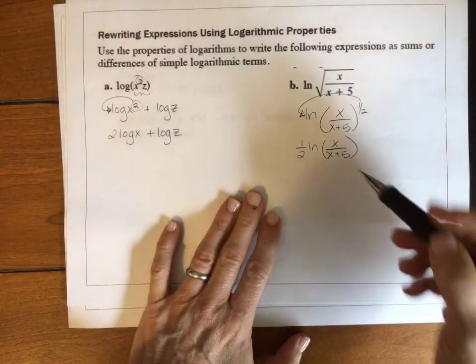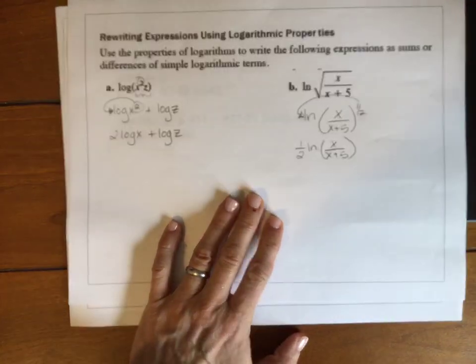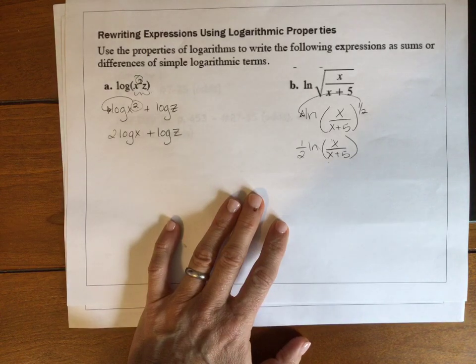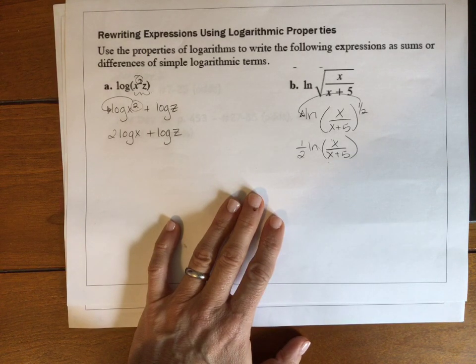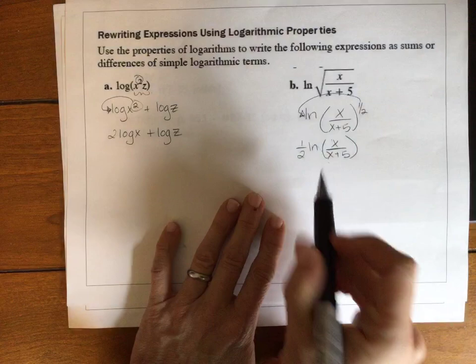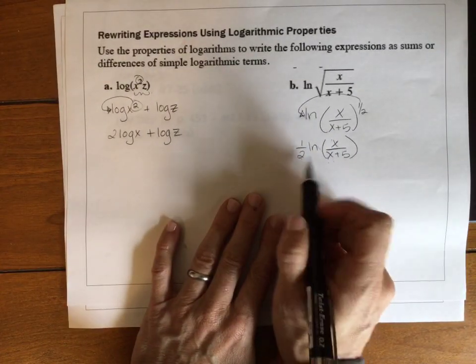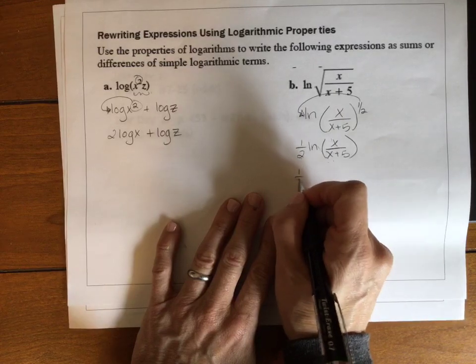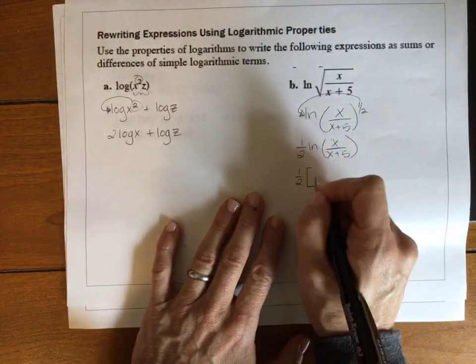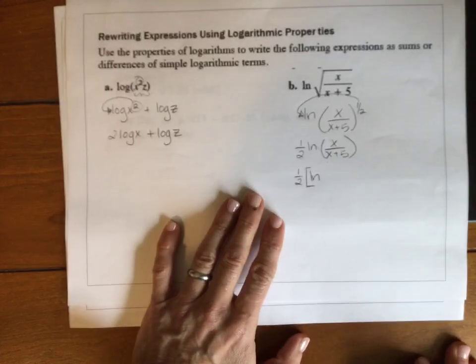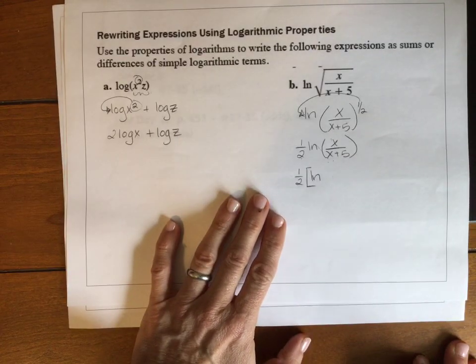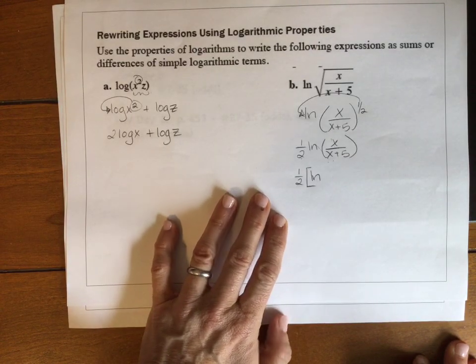Now I can do something with the x divided by x plus 5. Division represents subtraction, but here's the little trick here. Because x divided by x plus 5 was all to the 1/2 power, when I rewrite it, I need to bring that 1/2 out and make sure that I'm distributing it to both of my terms in my subtraction.